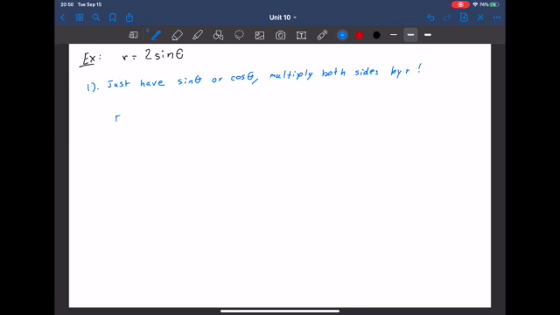Why? Because then we end up with r squared on the left and 2r sine theta. That's why we're going to multiply by r. Because then I know this side is x squared plus y squared, and our other side is 2y.